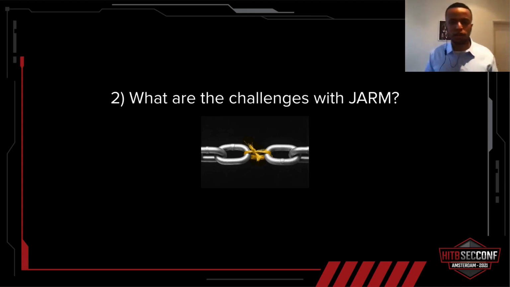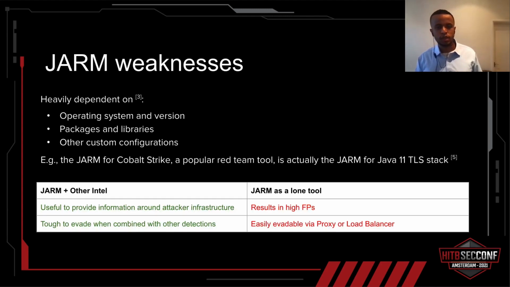So what are some challenges with using JARM? What are some weaknesses with this implementation that you need to keep an eye out for when you run a JARM scanner or JARM fingerprint in your defenses? As we mentioned earlier on in the presentation, JARM and JA3 and TLS fingerprinting is very much tied to the operating system, the packages and libraries, and other custom configurations of the server-side application.